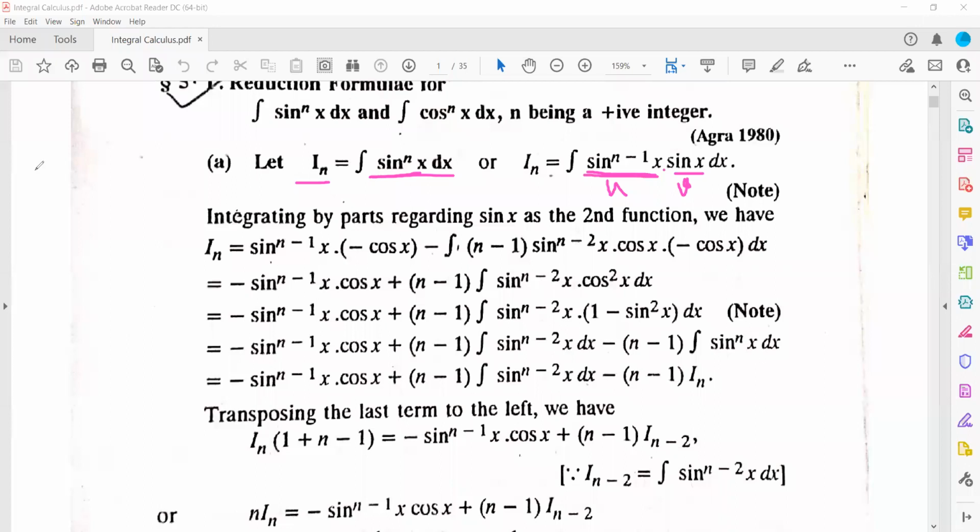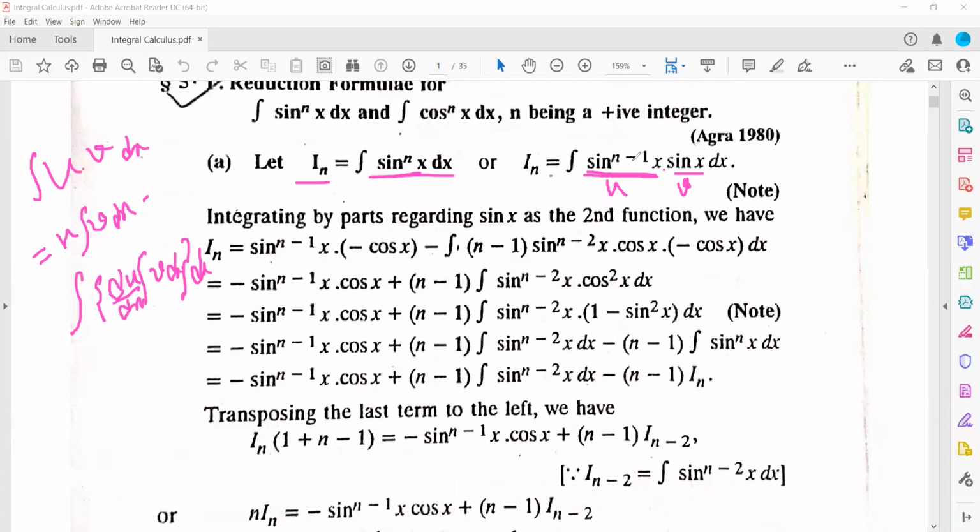Integration of u into v dx equals u times integration of v dx, minus integration of differentiation of u, that is the first function, times integration of v dx, whole integration, whole dx. This is the formula. Do you remember?